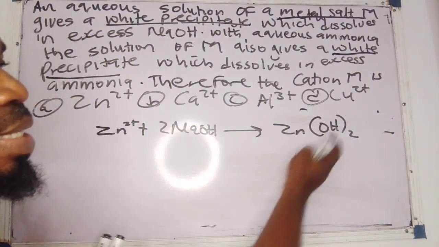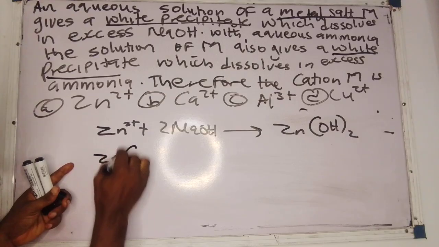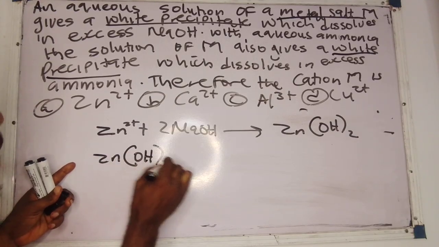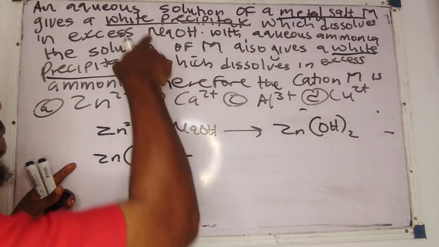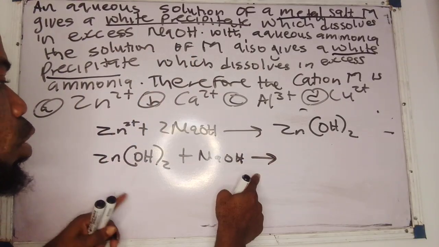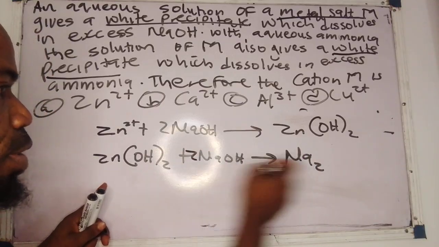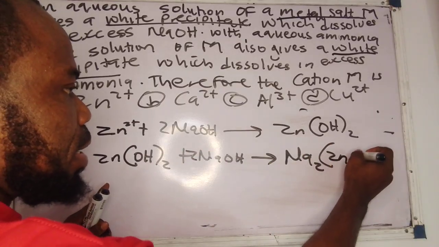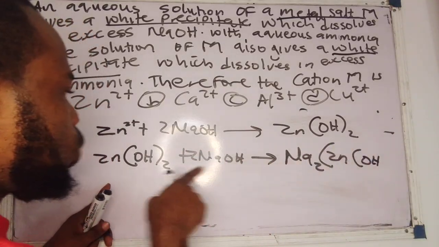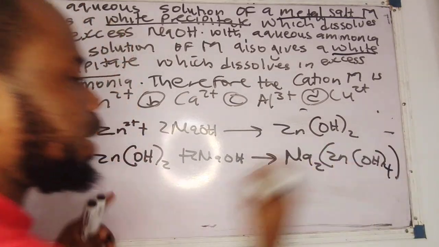Watch this. This zinc hydroxide, now formed as a precipitate, reacts with excess of the precipitating agent; we say it dissolves in excess. Look at what happens: we get Na2[Zn(OH)4]. Before we had 2 OH, but this time it becomes 4.